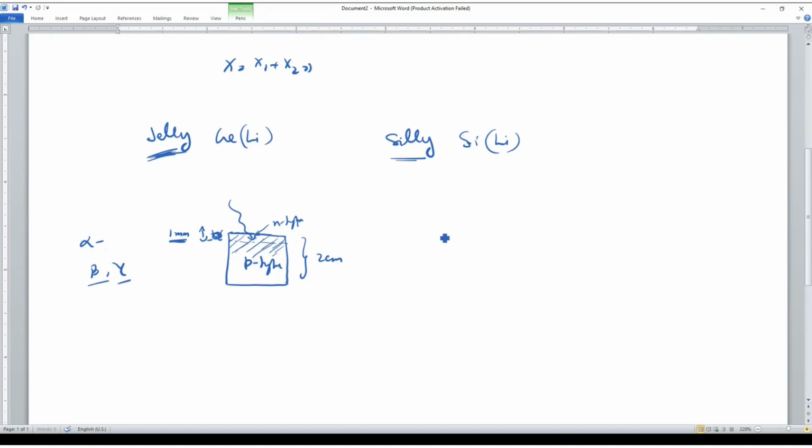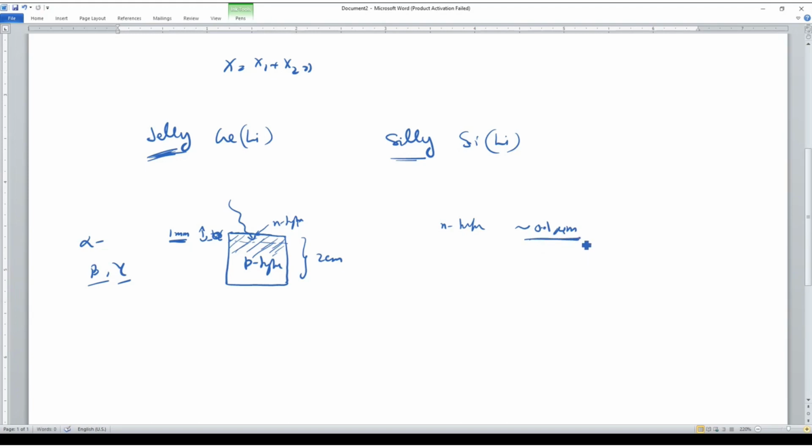Now we have also reduced this size because we need a thinner n type. With the improvement in pure silicon or pure germanium extraction, the size of this n type has become roughly 1 micrometer or a fraction of a micrometer, which is very small, you cannot imagine this number.